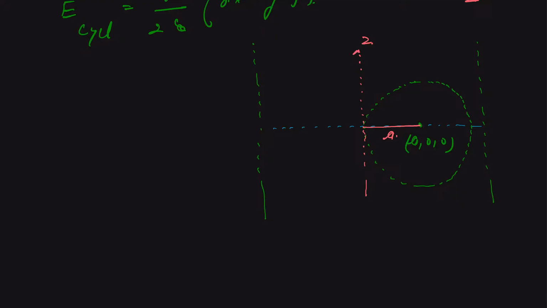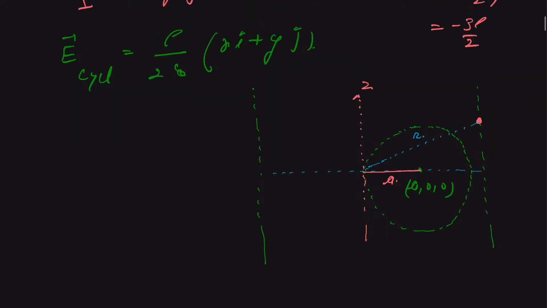And so we consider a point on the cylinder, and let us suppose it is at a distance r. Therefore we can say that its electric field because of the cylinder at this point P will be equal to rho by 2 epsilon naught times (xi plus yj). Now for the same point we are going to find out what will be the electric field due to the uniform charged sphere.